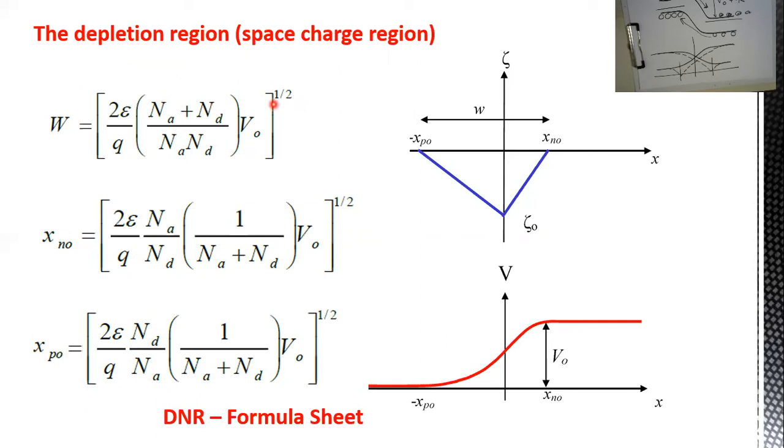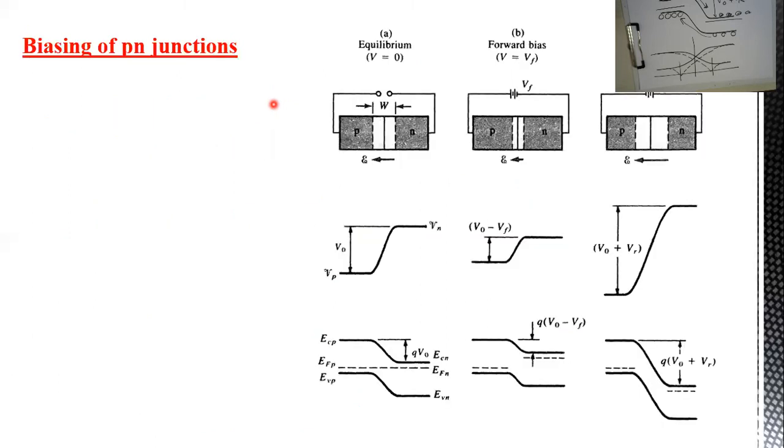The answer is very easy. Whenever VF is greater than V naught, we don't have a depletion region. Because in this case, the barrier will tend to be zero. And this barrier, if you remember, will turn into a drift. So in the forward condition, the capacitance effect can be easily neglected.